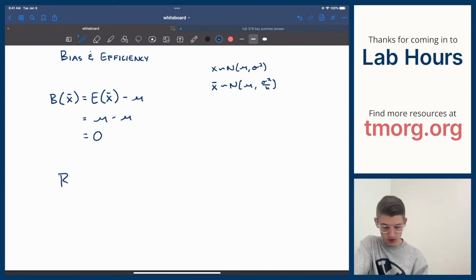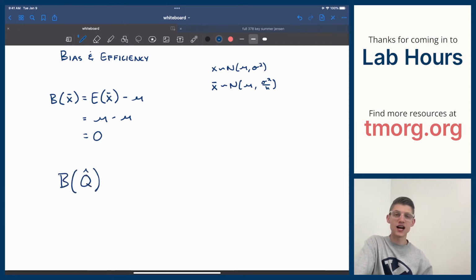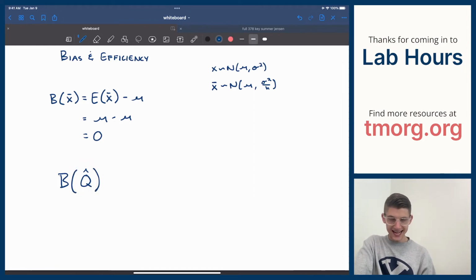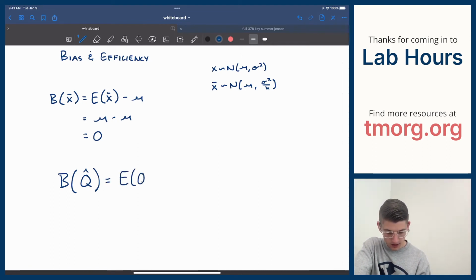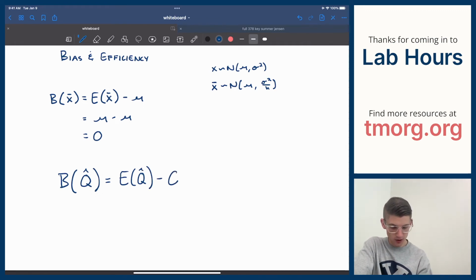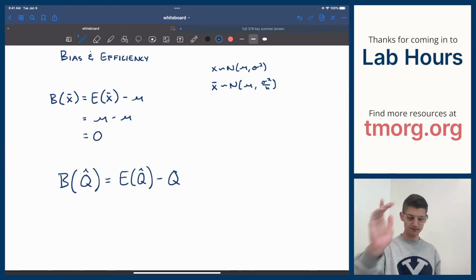Let's say I wanted to take the bias of some arbitrary estimator theta hat that was trying to estimate population parameter theta. Those are arbitrary, except that theta hat is an estimator, it's a telescope, and theta is the parameter they're trying to look at. So the bias of theta hat would become the expected value of theta hat, or where theta hat usually ends up pointing, and how far away that actually is from theta, the parameter it's trying to look at, okay?